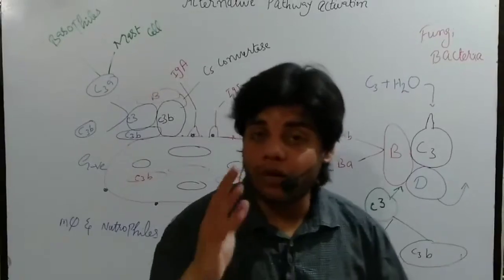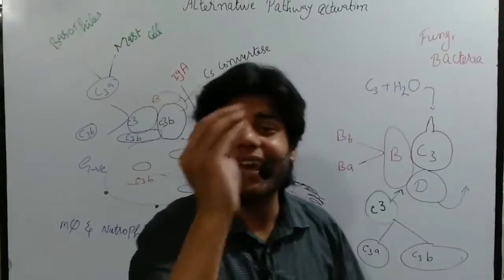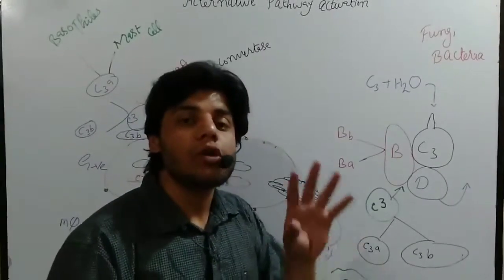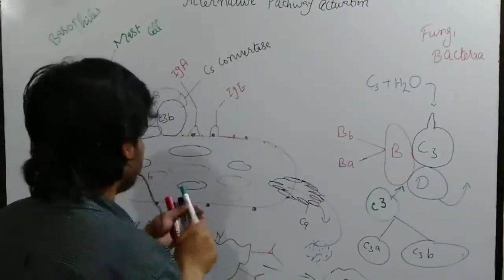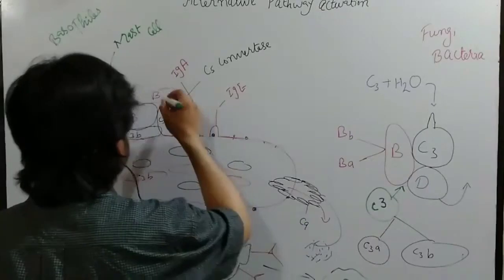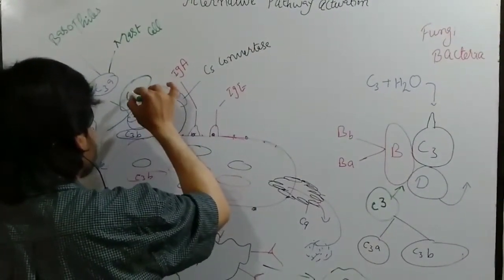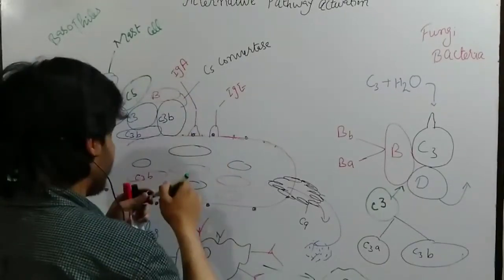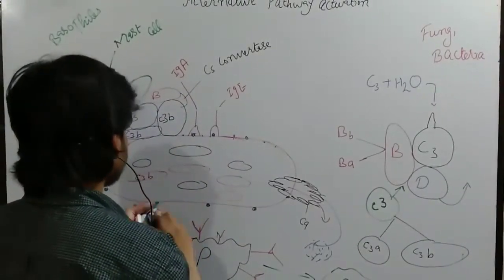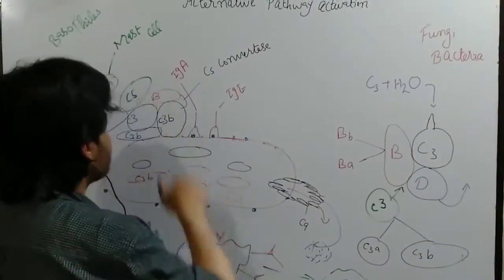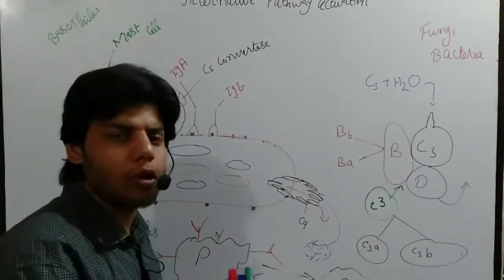Now once C5 proteins are activated, they are cleaved by this convertase. Let me draw the C5 protein with the green marker. So let's say C5 proteins are activated. This C5 protein is cleaved by this complex, which is usually a tri or tetra molecular complex.